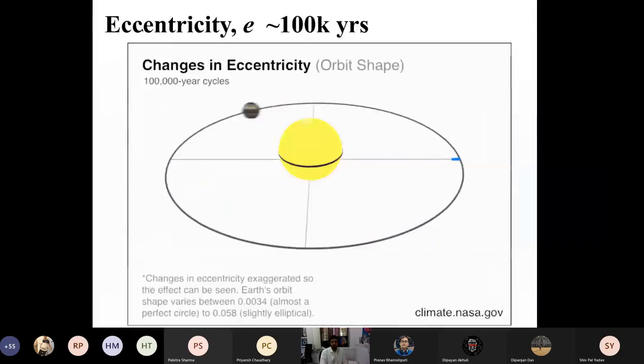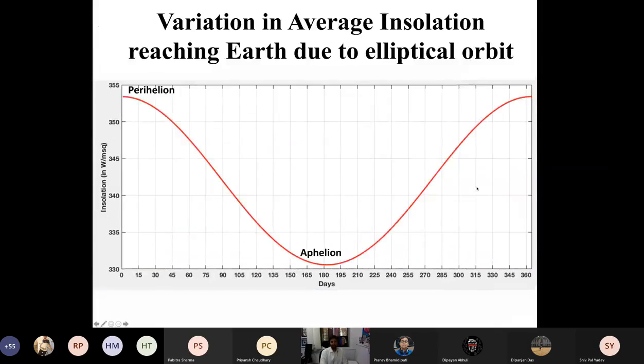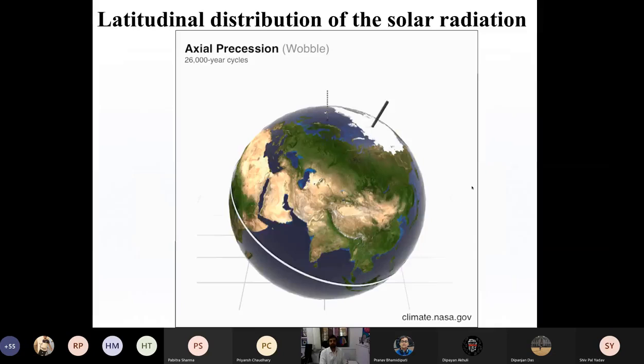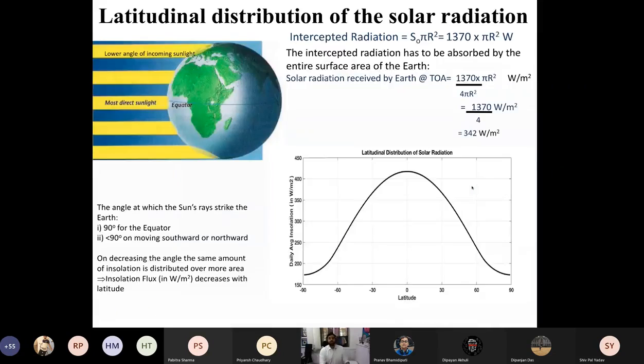Keep in mind, the eccentricity was controlling the annual or the seasonal distribution of solar radiation. This is the seasonal distribution of solar radiation, whereas the obliquity is controlling the latitudinal distribution in solar radiation.